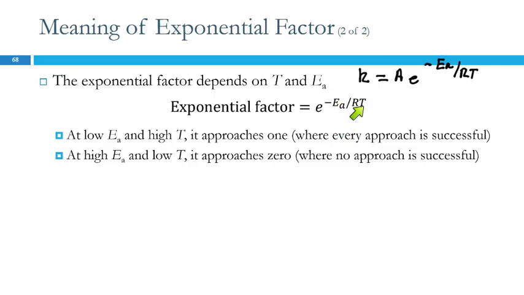If T is big, that's also going to make this smaller. So with a low activation energy and a high temperature, the factor can approach 1, where everything is successful. Low barrier, more energy because of the temperature. If the activation energy is high and the temperature is low, it can approach 0, where none of the approaches are successful.